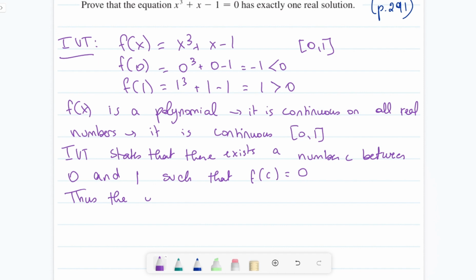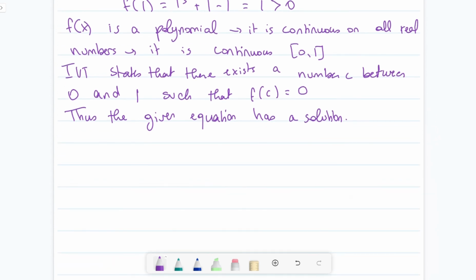Therefore, the given equation has a solution. Now we have proved that it has a solution with IVT. We need to prove with Rolle's theorem that it cannot have more than one real solution. So let's move on to Rolle's theorem.